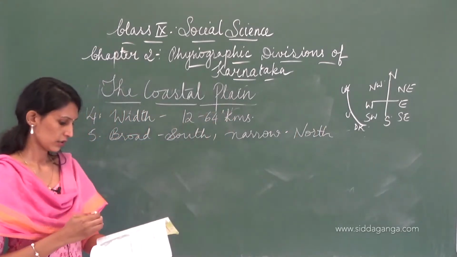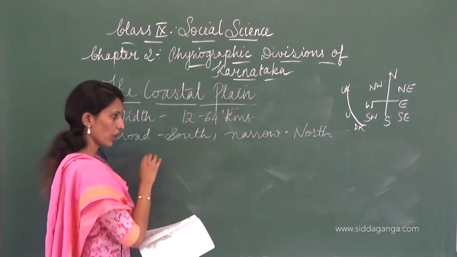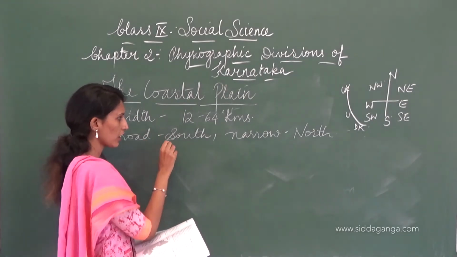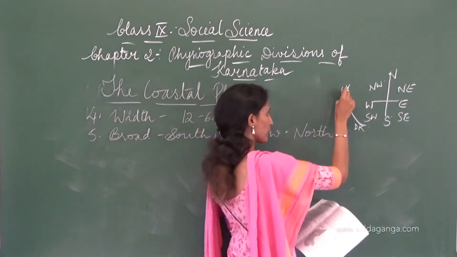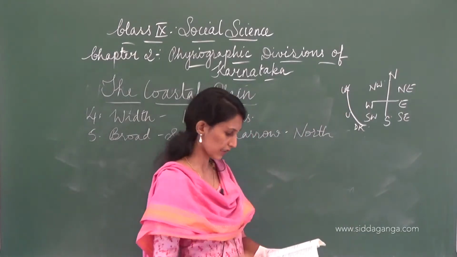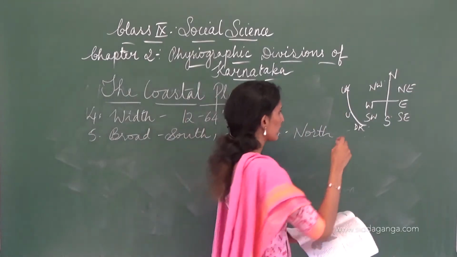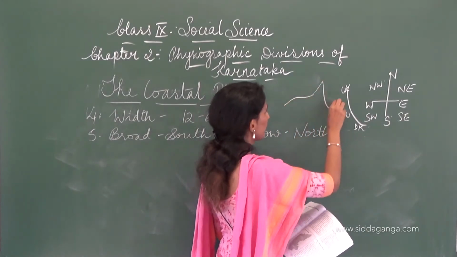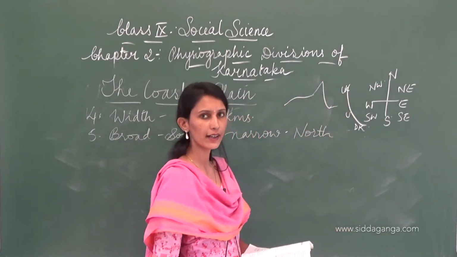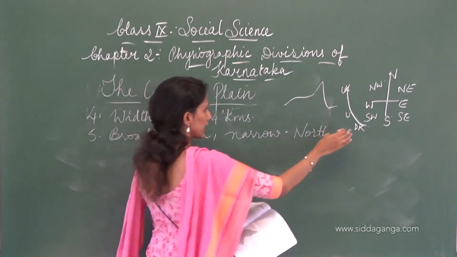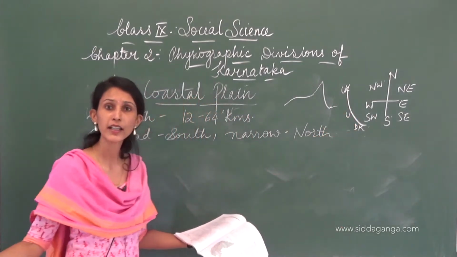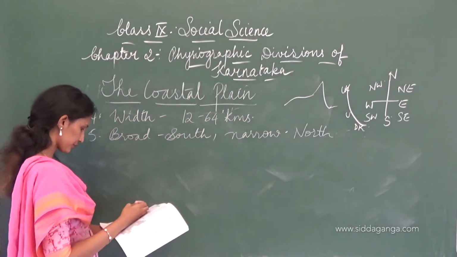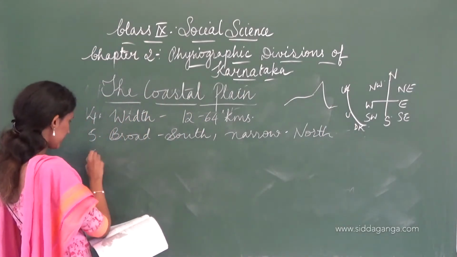It is broad because there are a lot of water bodies here. Whereas as it is going up to Uttar Kannada, Karwar and that side, it is becoming very narrow with the steep slopes, but here in Dakshin Kannada it is very broad.